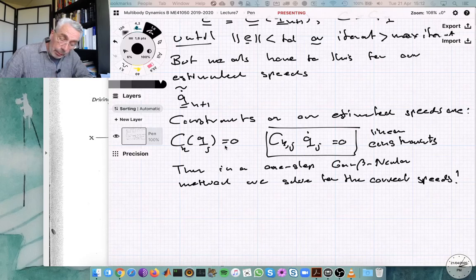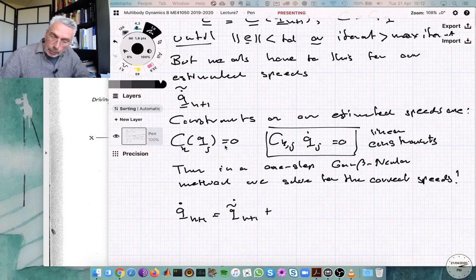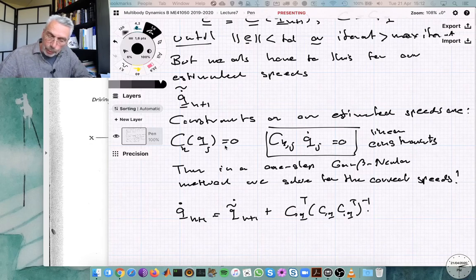So if I would write it quickly down, you could say, well, the real speeds at n+1 are then these estimated speeds at n+1 plus, and then we get, of course, our increment, which is C_q transpose, C_q transpose to the power -1 times the values of our errors, which is C_q times q dot with slur n+1.